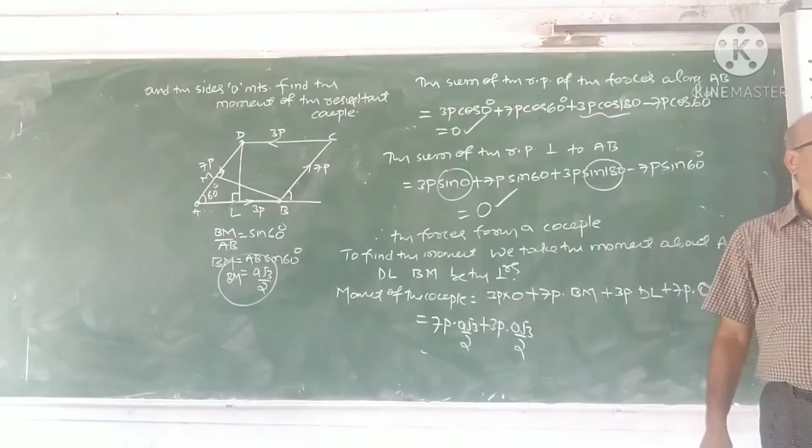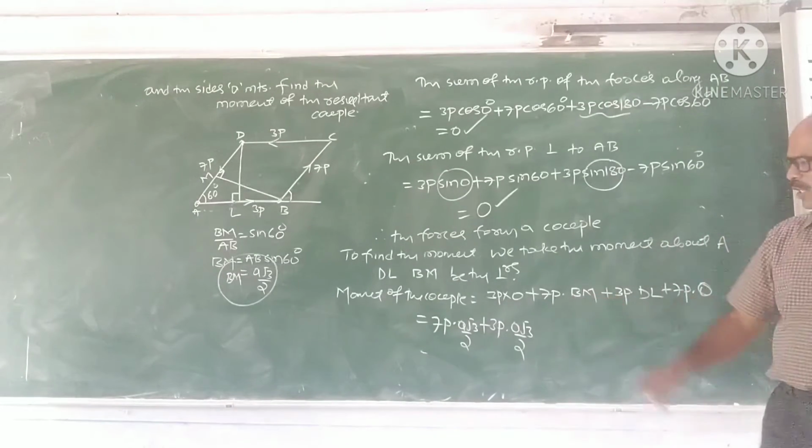Using elementary trigonometry, BM is a into root 3 by 2.